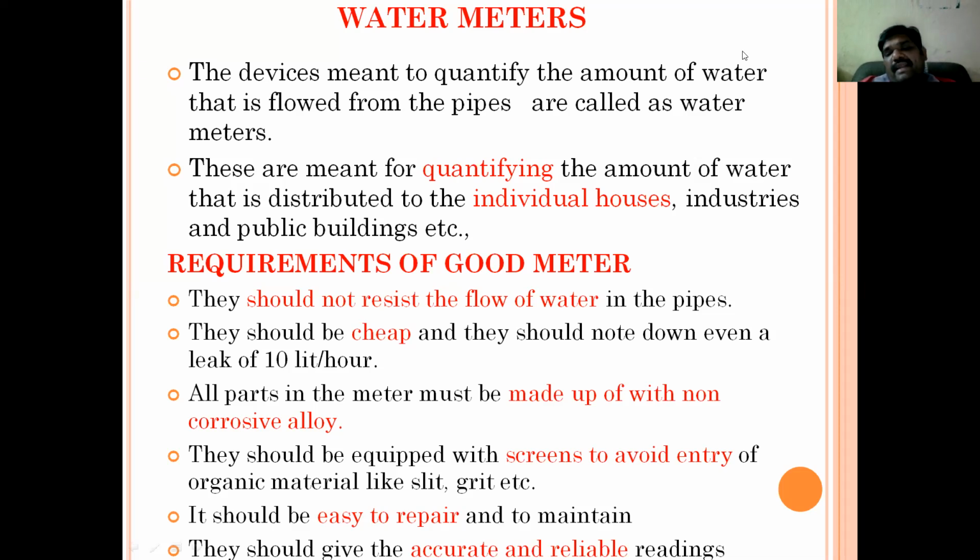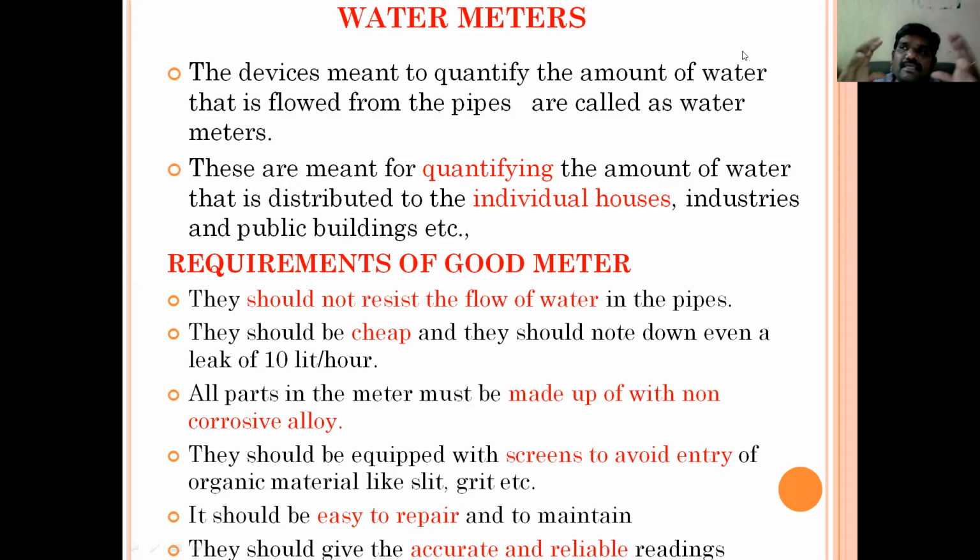All the parts must be made of non-corrosive alloy, and they should be equipped with screens to avoid entry of organic materials like silt, grit, etc. And it should be easy to repair and easy to maintain, and they should give accurate and reliable readings.